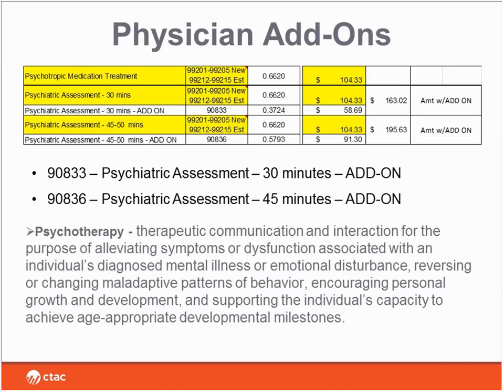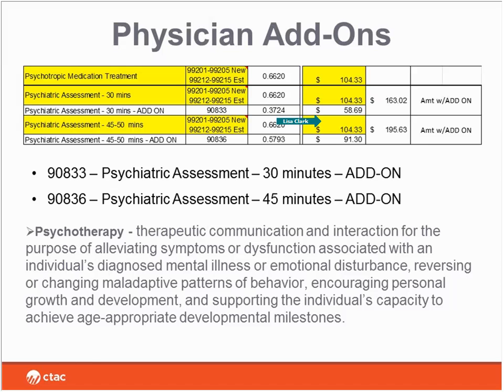If you look here at these E&M codes, the series of 99201 through 99205, all of these codes are the same. And if you look over here, you're being paid the identical amount in each of these cases, $104, whether you're doing a psychotropic med treatment, a 30-minute assessment or a 45-minute assessment.